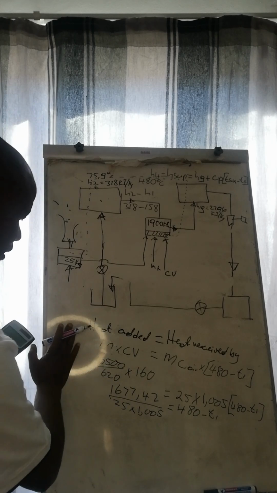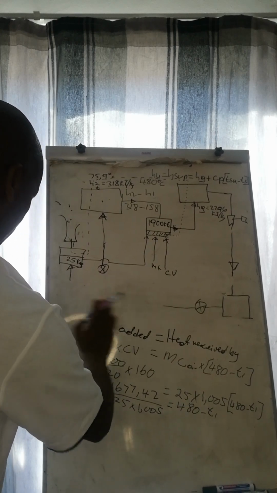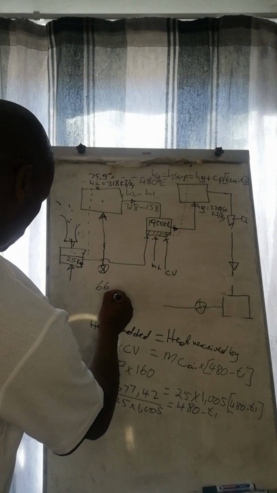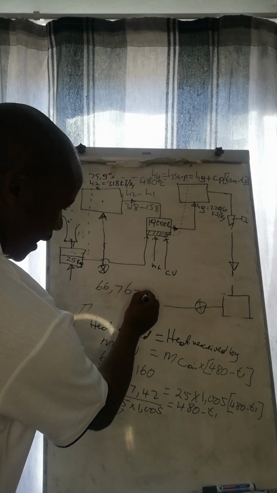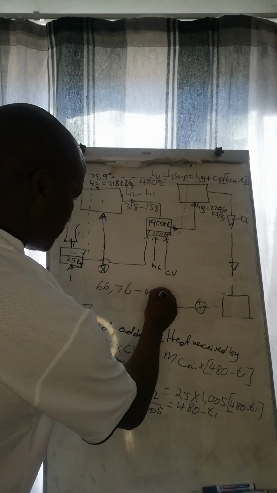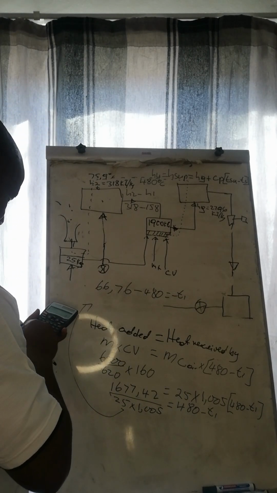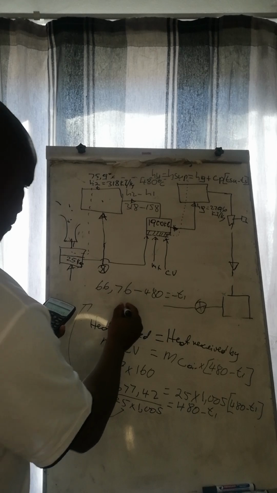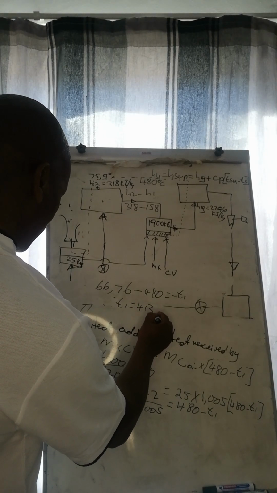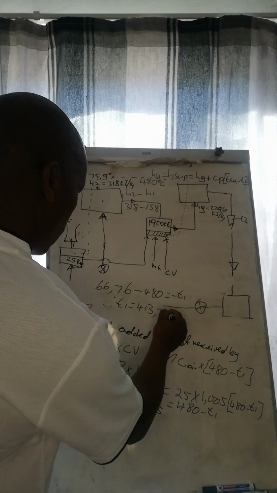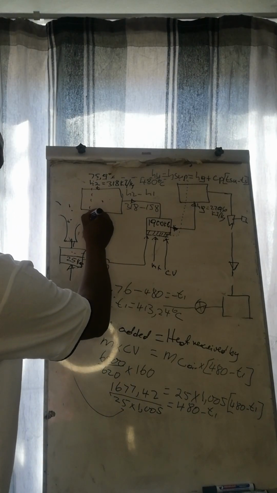Answer 66.76, let me write it here, guys, it's for you to see. This comes here: minus 480 is equal to minus T1. Okay, minus 480, meaning T1 is equal to 413.24 degrees Celsius.